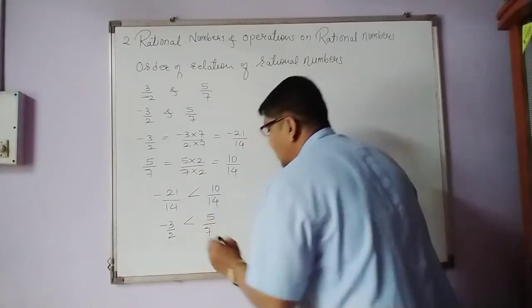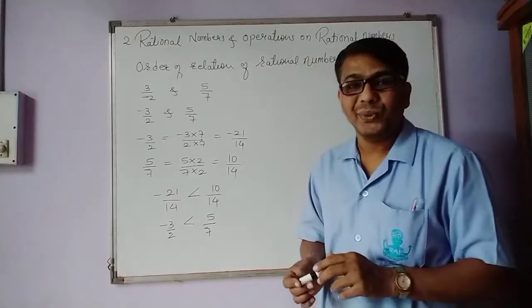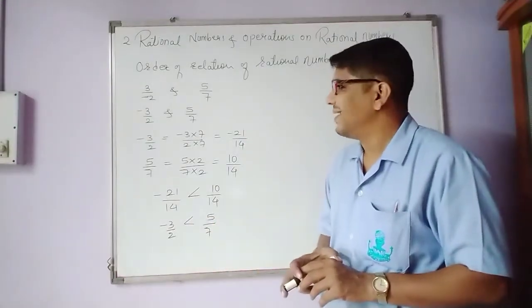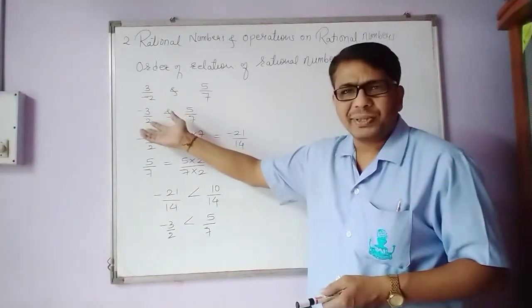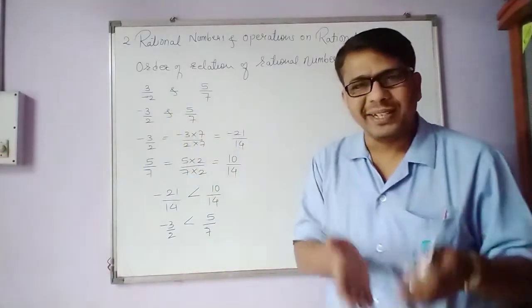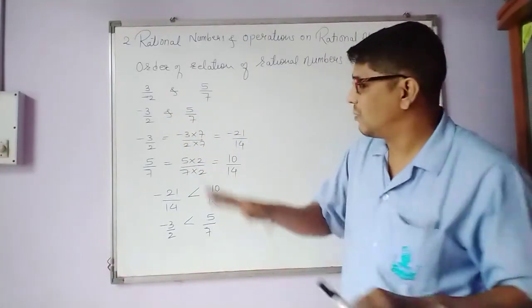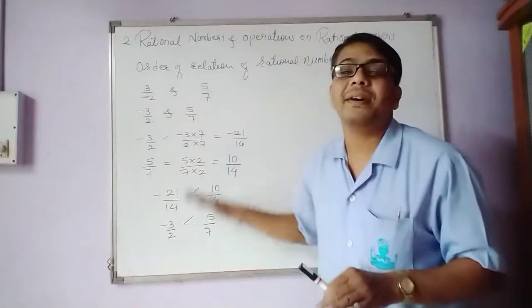Dear students, I understand you might say that when there is a negative sign, definitely the positive number is bigger. Yes, I know. Just for your understanding, I have taken it.